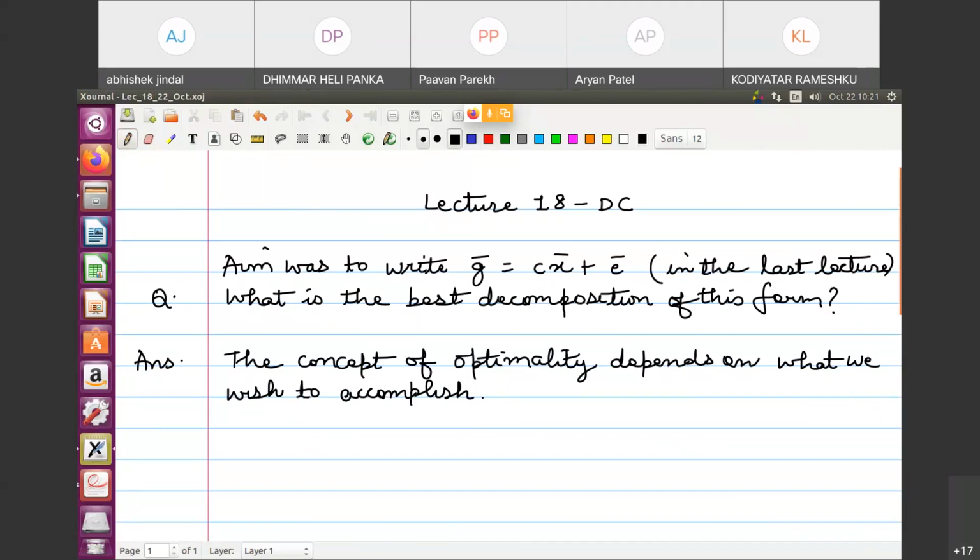Accomplished by decomposing G into two components.